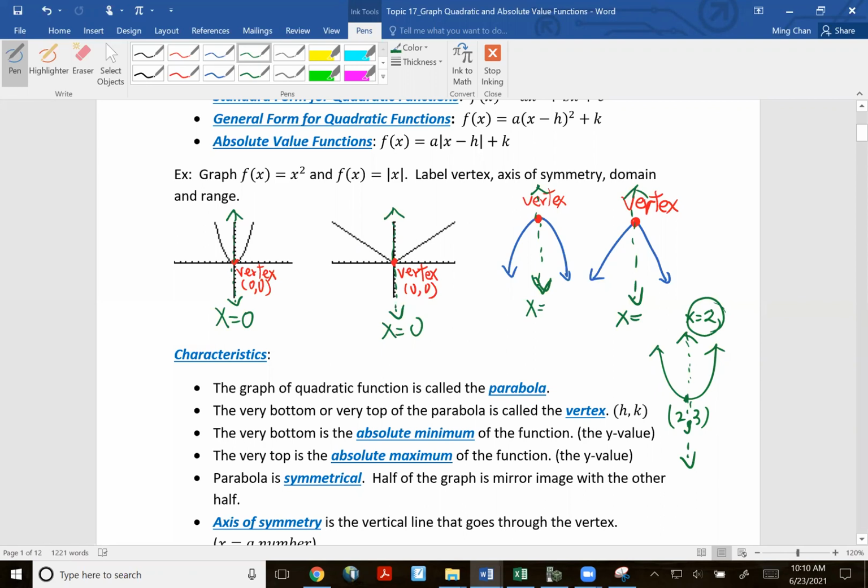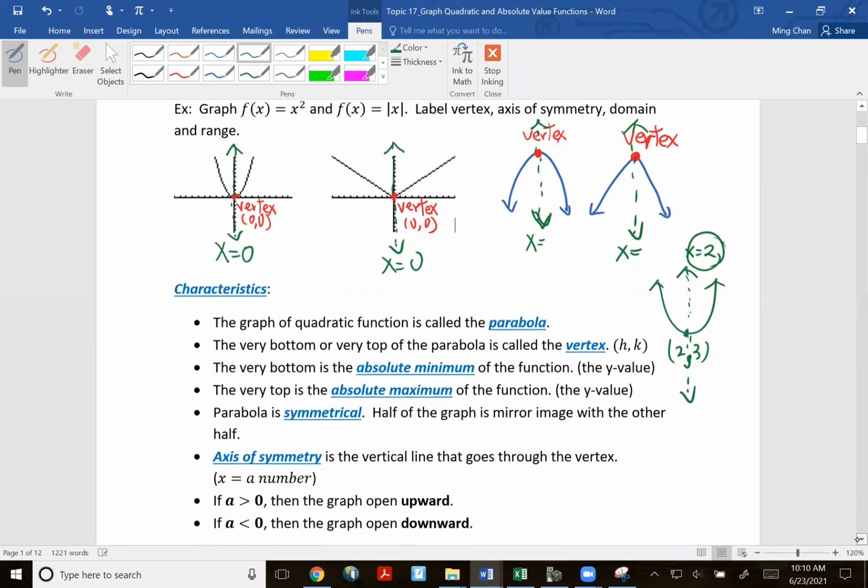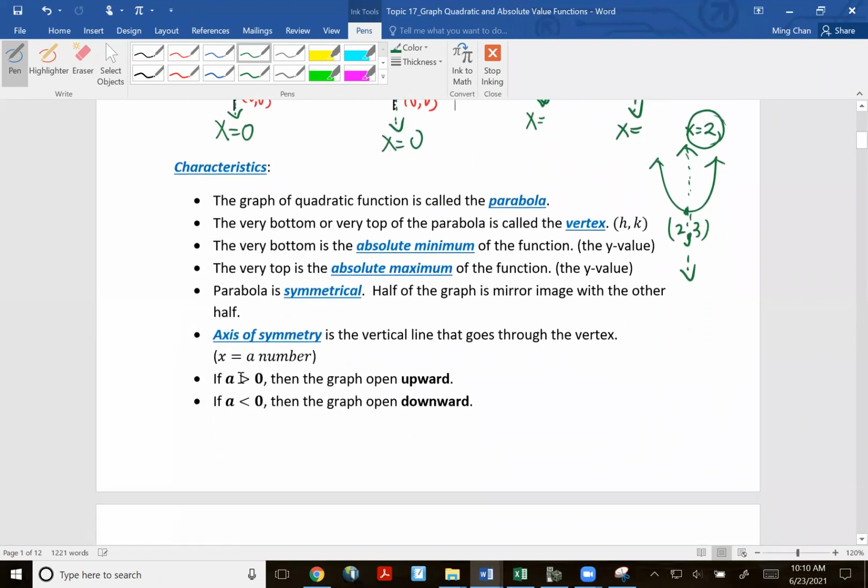So a better way of saying it is that your parabola and the V are symmetric to their axis of symmetry. The axis of symmetry is simply a vertical line that goes through the vertex, and its equation is always x equals a number.